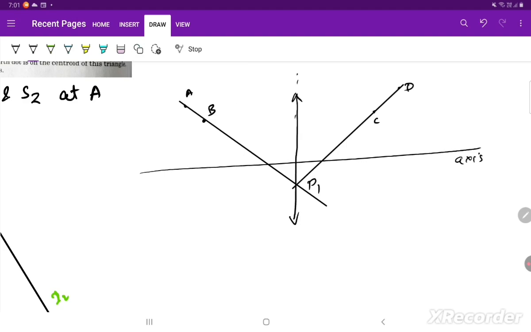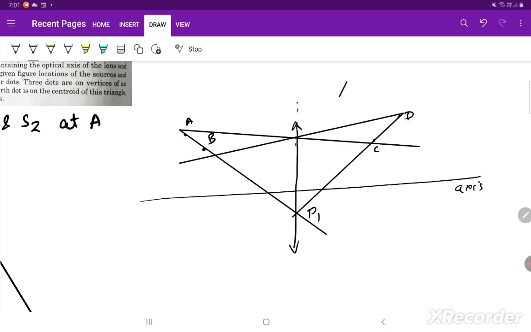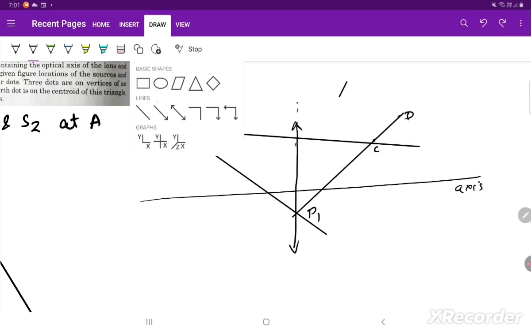Since the corresponding image of A is C and the corresponding image of B is D, a line through A and C, as well as a line through B and D, will intersect the lens system.